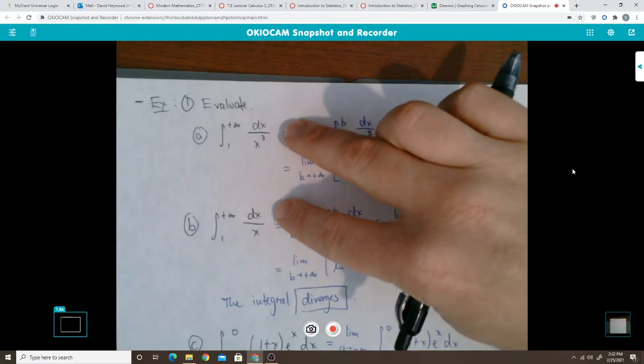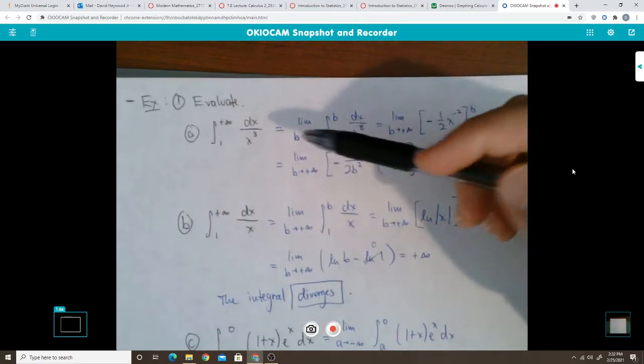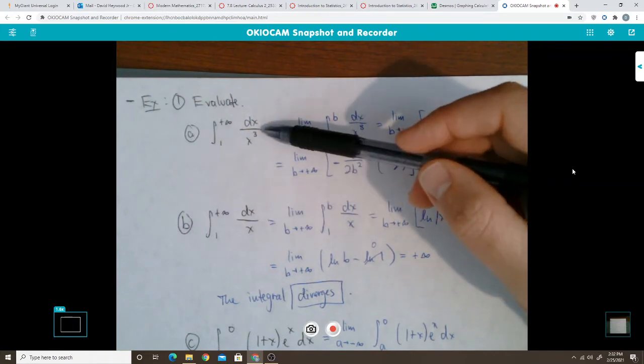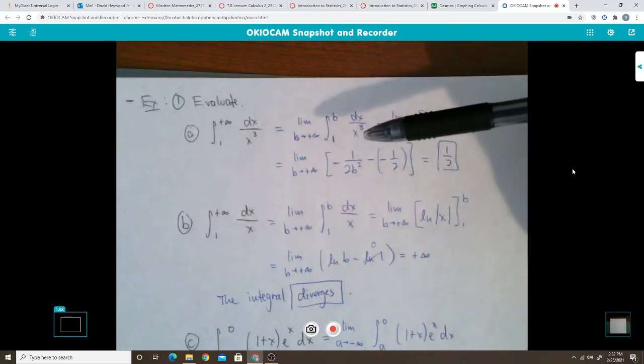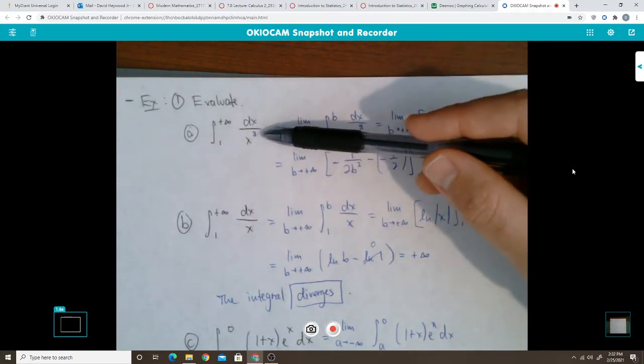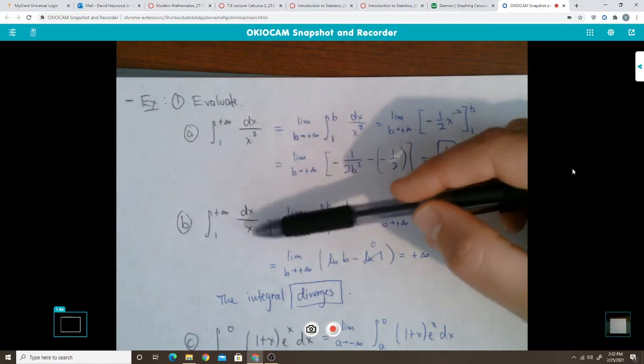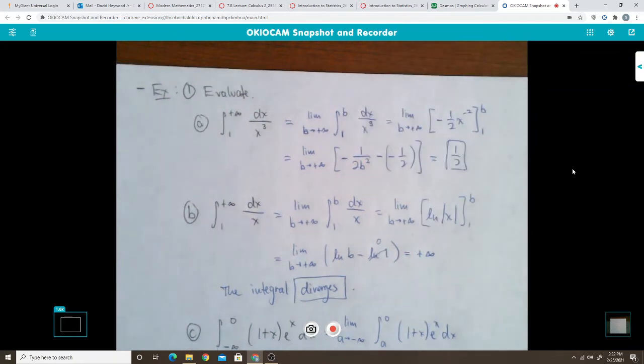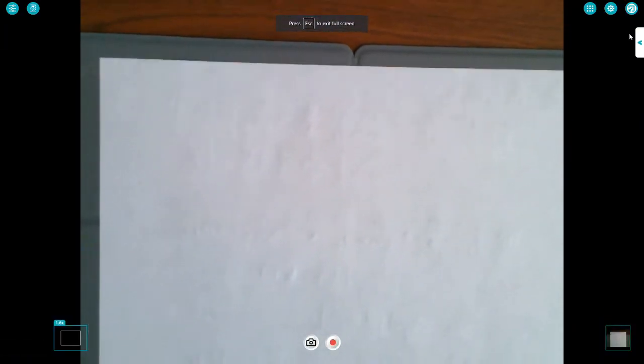But I want to come back to parts A and B because we have two very similar functions here, and yet one of them converged and one of them diverged. And I think a natural question to ask yourself at this point would be, well, for what exponents here is the result going to converge or diverge, right? So let's see if we can answer that question, and then we'll take a look at those graphs in Desmos as well.